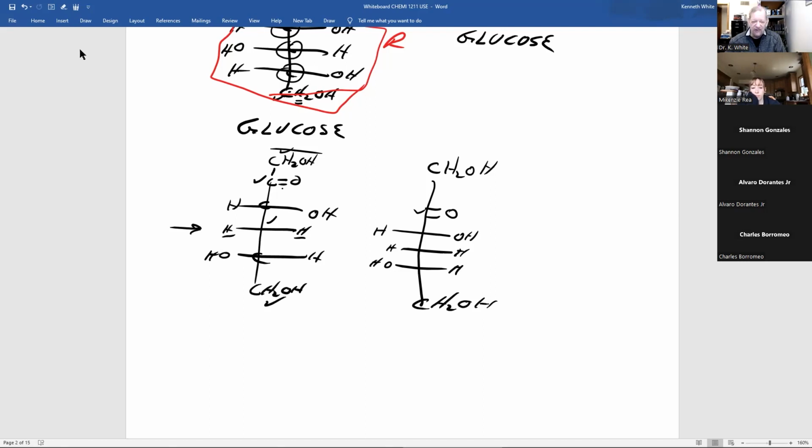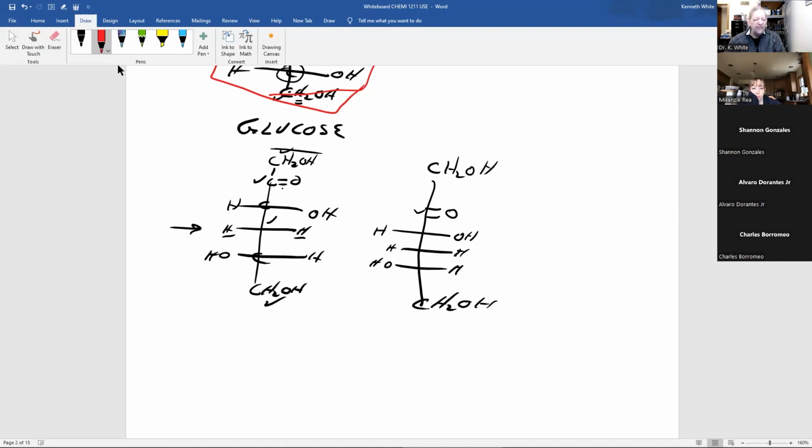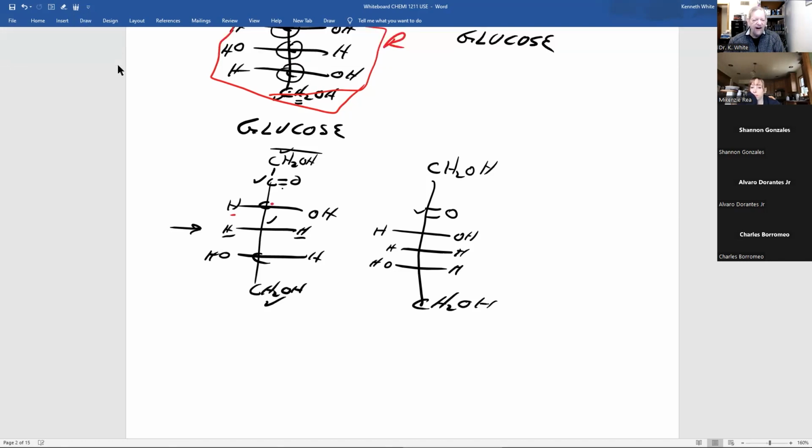See, Dr. White can be sneaky. All right, let's do this carbon. Hydrogen, hydroxyl group. This I'll call R. And this whole thing I'll call R prime. And that's four different things or groups: R prime, hydrogen, hydroxyl, R. So that's a chiral carbon.